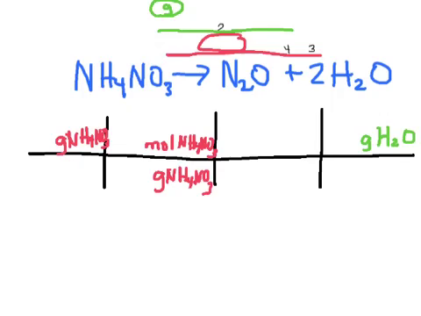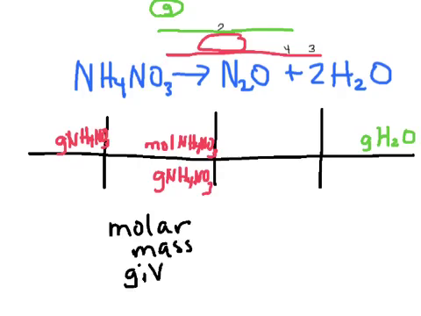Unicorns to bears. You can't really compare them. So you always have to go to moles of your given substance first. So in this one, we're going to have our molar mass for the given. That's our first bridge.